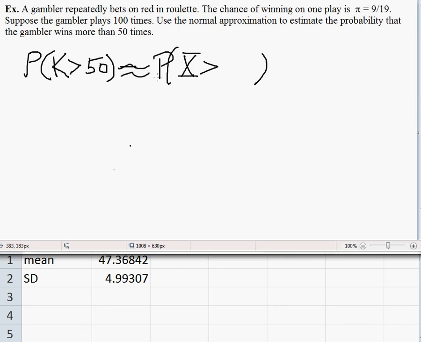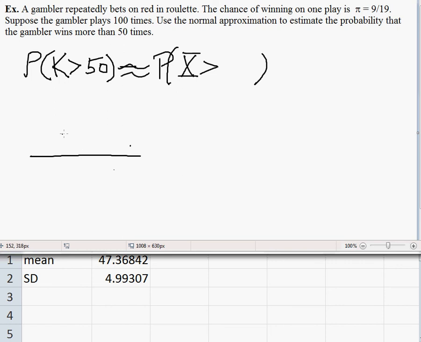Now, I have to make what's called a continuity correction. I only do this continuity correction because this is an approximation of a binomial distribution. For example, for the height problems in the other two videos in this series, there was no need to do a 0.5 adjustment. However, because I'm approximating something that's binomial with something that's normal, I need to make an adjustment.